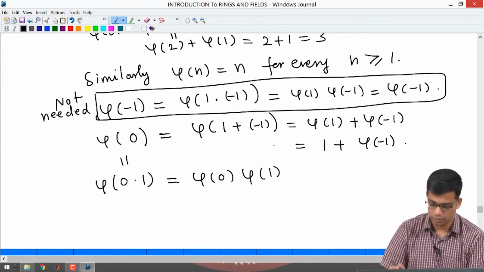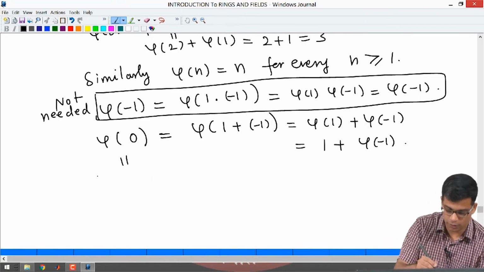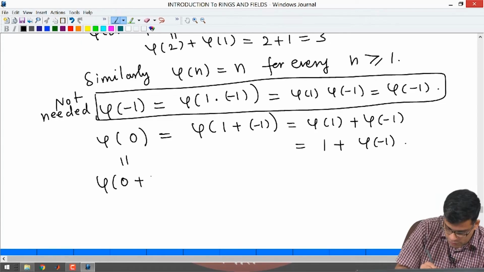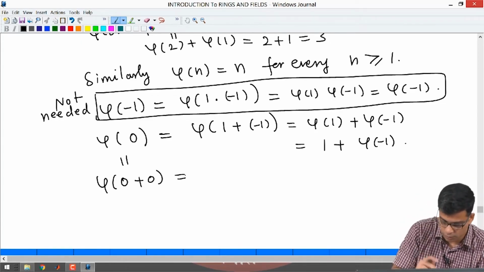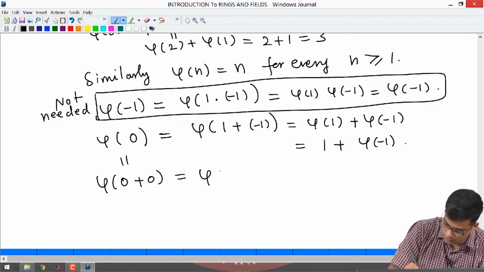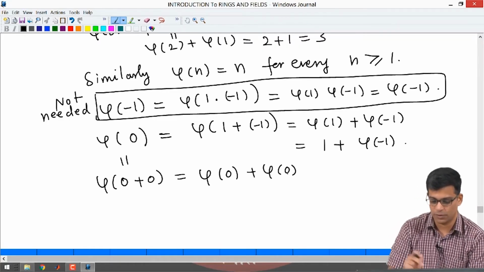Actually, let me not do this, let us do the following. Phi of 0 is phi of 0 plus 0, because 0 is equal to 0 plus 0. Phi of 0 plus 0 is phi of 0 plus phi of 0. So, phi of 0 is equal to phi of 0 plus phi of 0.